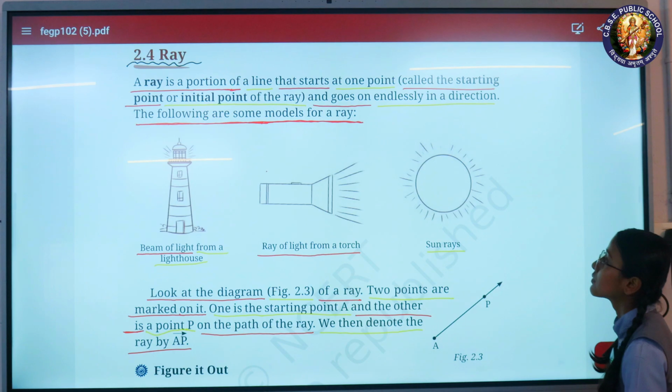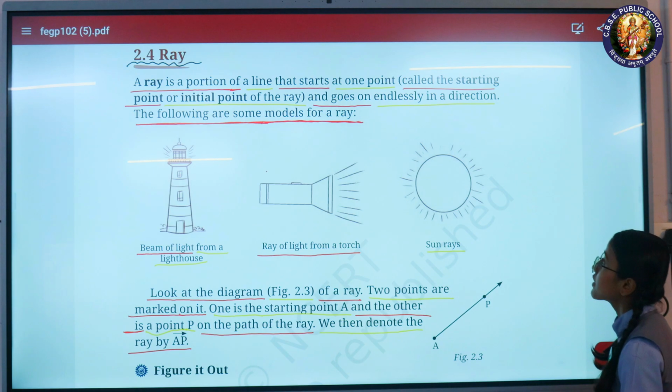2.4 Ray. A ray is a portion of a line that starts at one point called the starting point or initial point of the ray and goes on endlessly in a direction.